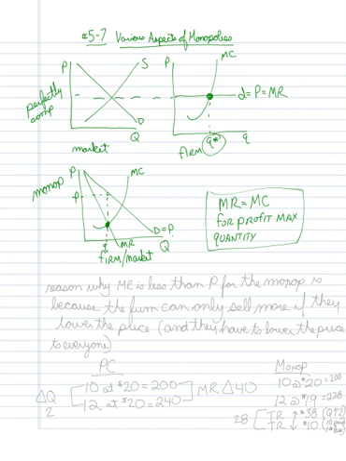And the reason why the marginal revenue is less than price for the monopoly is because the firm can only sell more if they lower the price.